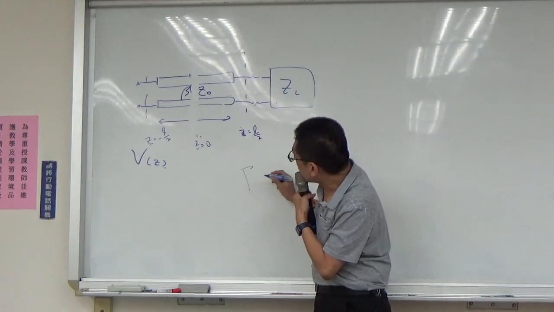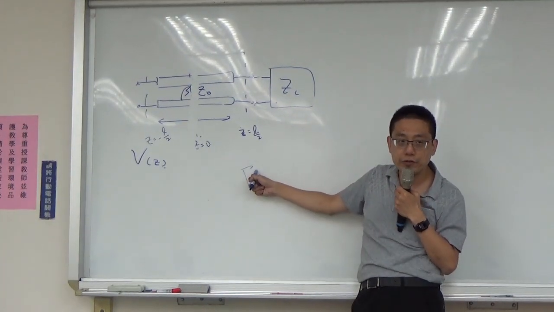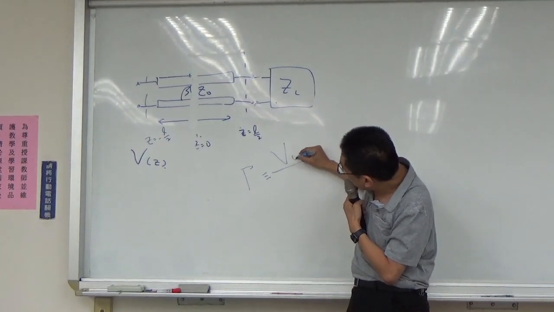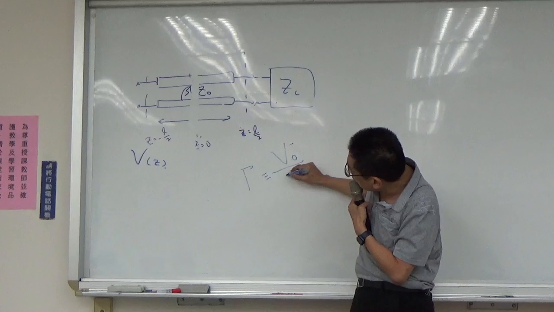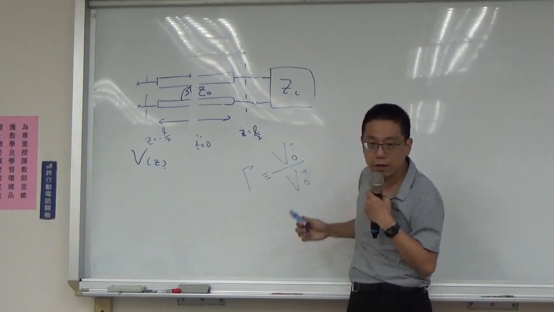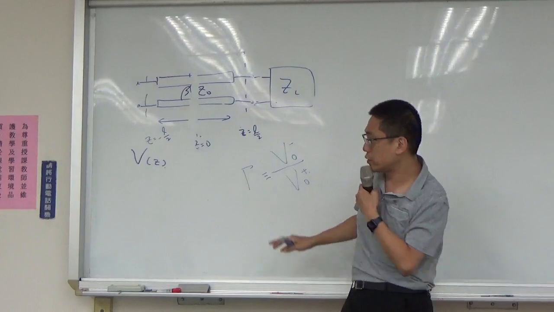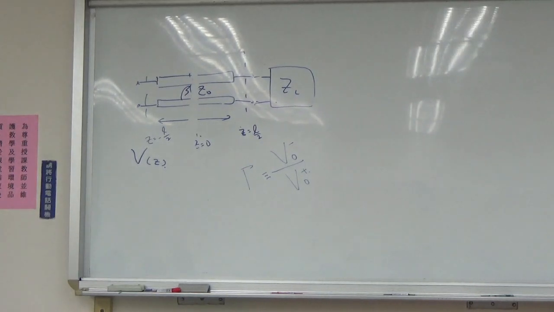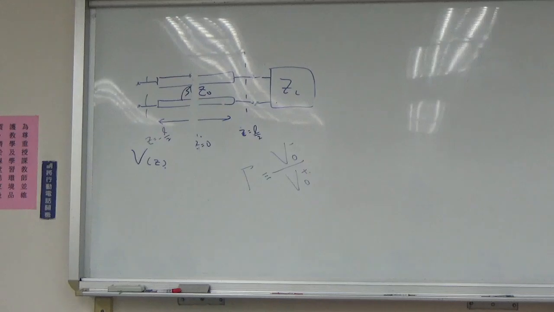I define my reflection coefficient as V0 minus over V0 plus, because when Z equals 0, the forward term is V0 plus and the reverse term is V0 minus.